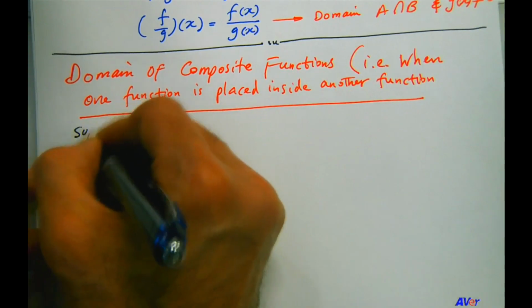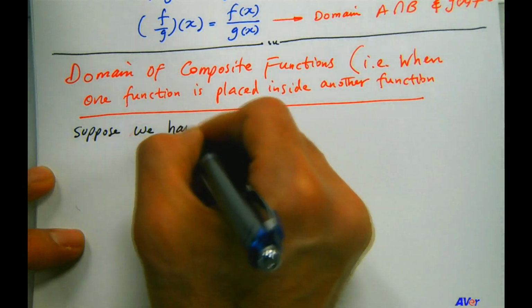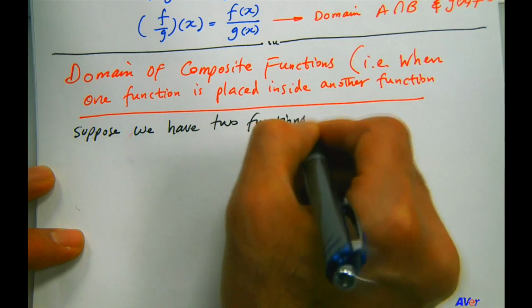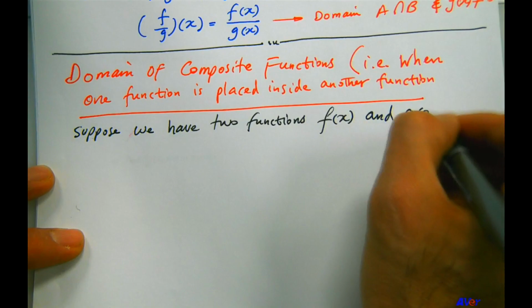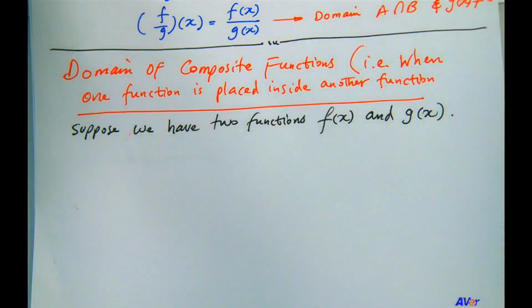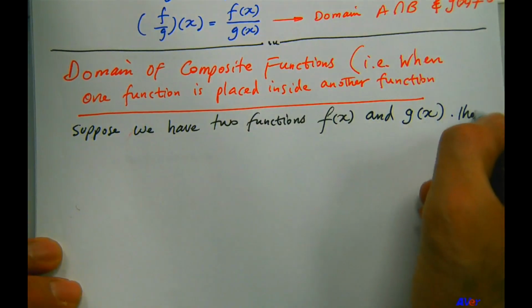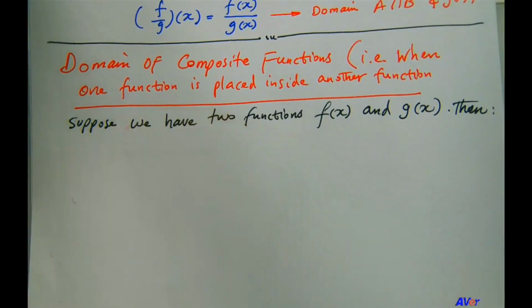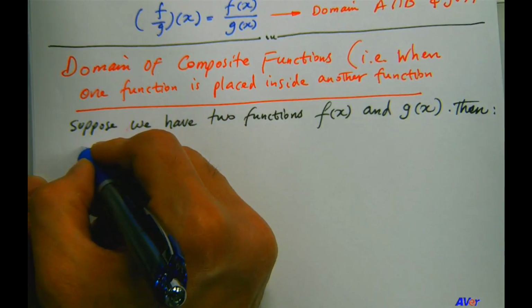So suppose we have two functions, f of x and g of x, right? Both functions are a function of the variable x. Then this notation is a notation of the composite function.